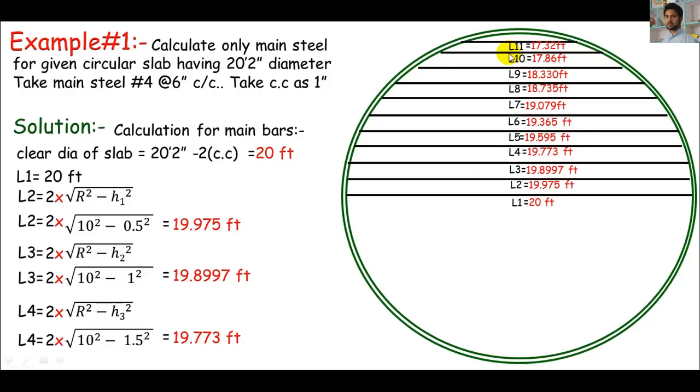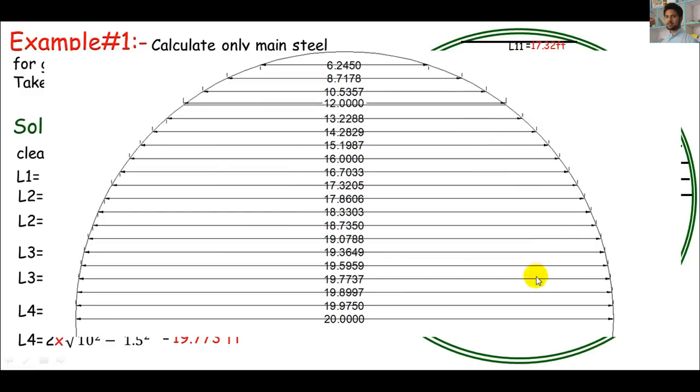Here, let me show you a picture from my AutoCAD. You can clearly see over here the last reading is 6.245. And these are many bars. We calculated 3 bars a few minutes ago, which were 19.899 and 19.773.